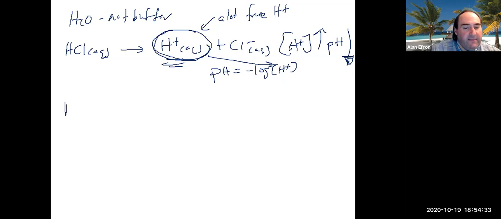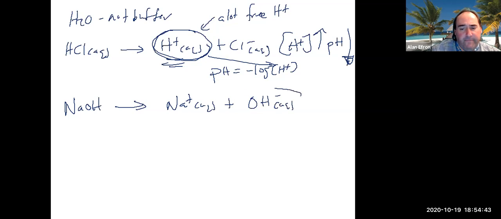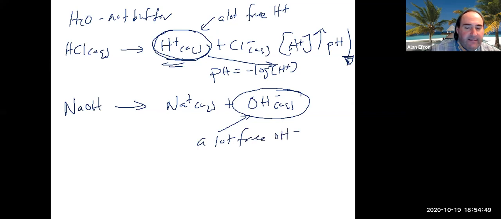Now, if we added something like sodium hydroxide, which is a strong base, it would 100% break apart into sodium ion and OH minus ion. Now, we just made a lot of free OH minus. And if you remember, the H plus concentration and the OH minus concentration are tied to each other.